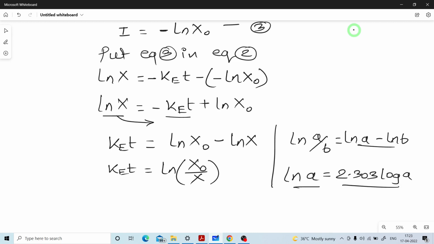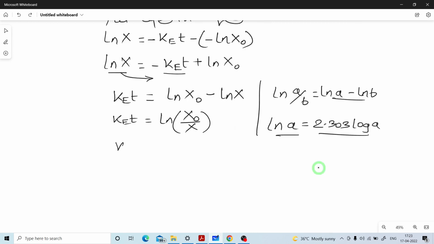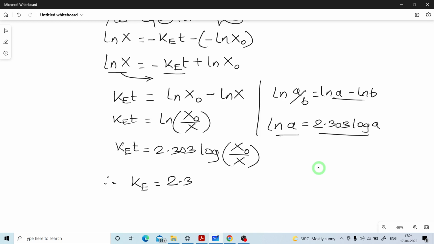So if we use this formula over here, we get ke t is equal to 2.303 log of x0 upon x. So finally, you can determine the elimination rate constant, and that will be ke is equal to 2.303 upon t into logarithm of x0 upon x.